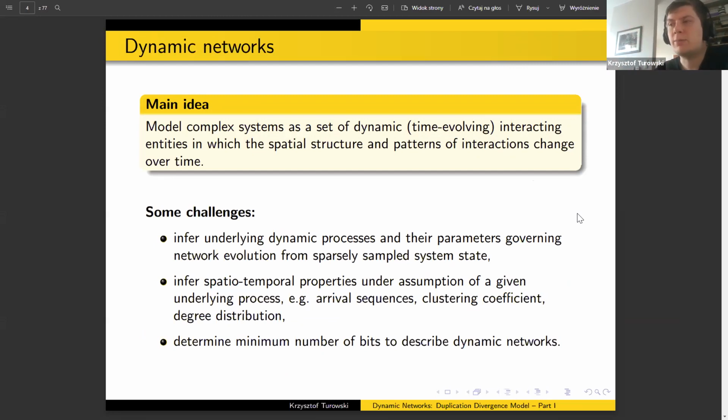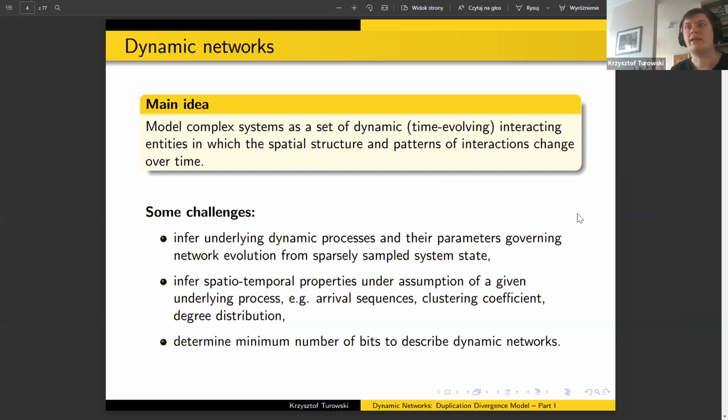The entities, of course, are represented by vertices, and their interactions are represented by edges. And the whole spatial structure and the pattern of interactions changes over time. As time progresses, we execute certain rules. These rules are typically probabilistic in nature, and we would like to study the behavior of the whole system over a certain span of time.